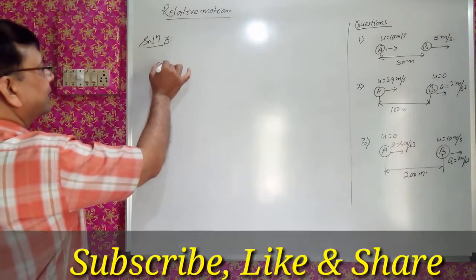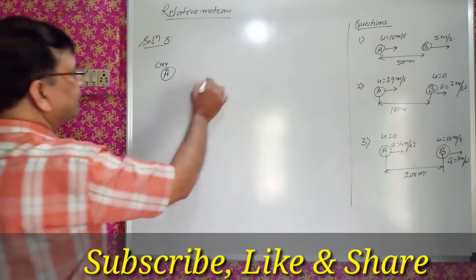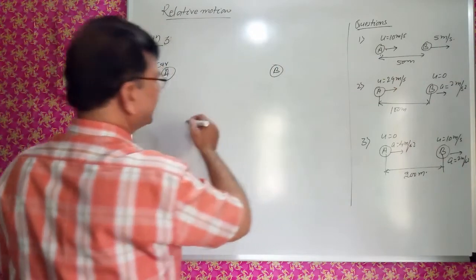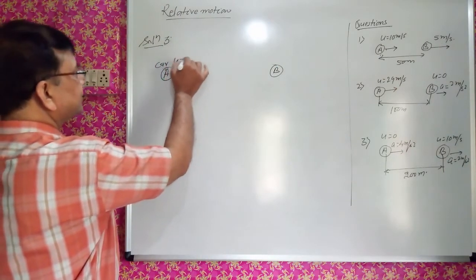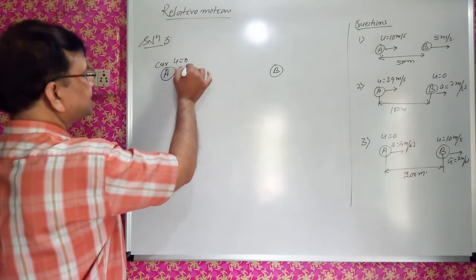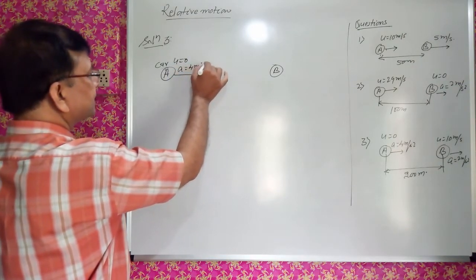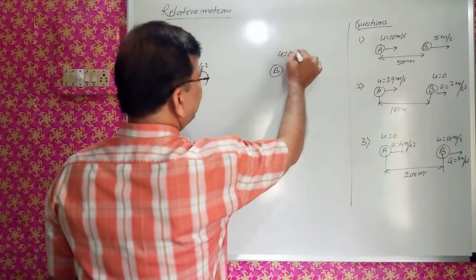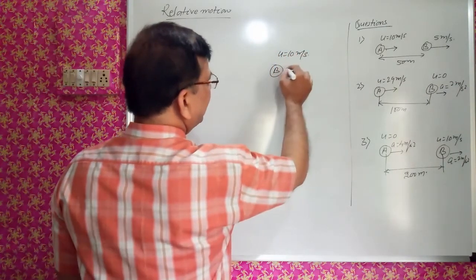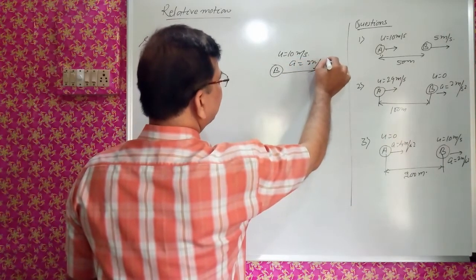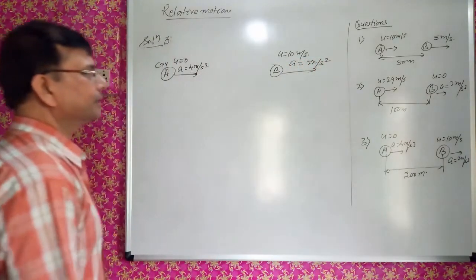This is the car A and this is the car B. The initial velocity is 0 and it is moving with an acceleration of 4 meters per second squared. Its initial velocity is 10 meters per second and it's moving with an acceleration of 2 meters per second squared, right?